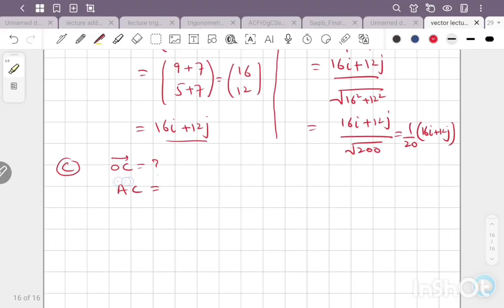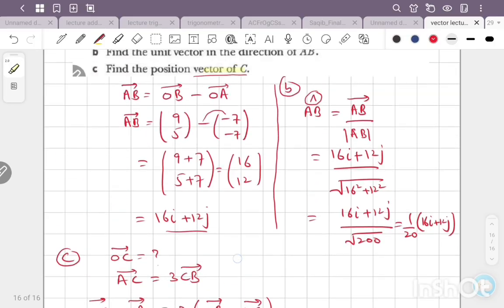AC equal to 3CB. So AC we have to write as OC minus OA, position vector, and 3 similarly OB vector minus OC. We just use the formula definition of position vector. Now OC minus OA. What is the OA?